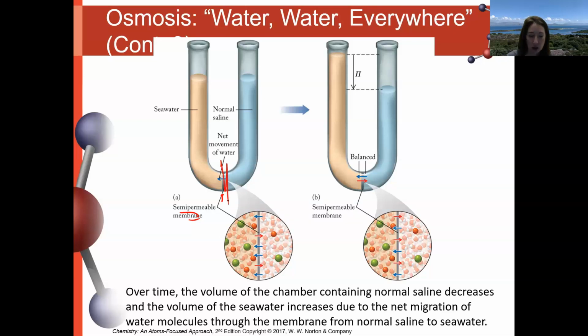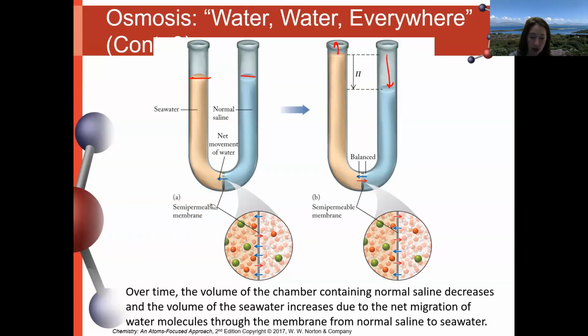So initially the volumes are the same, but over time, the volume of the chamber containing the normal saline right here decreases, and the volume of the seawater increases due to the migration of the water molecules through this membrane.